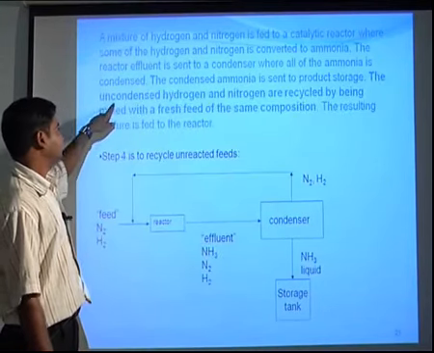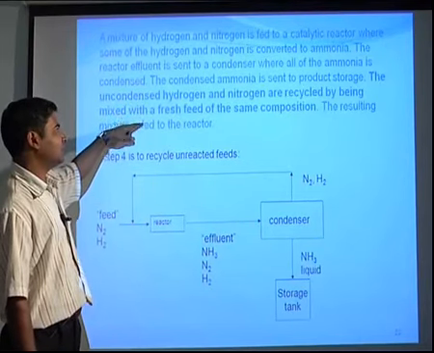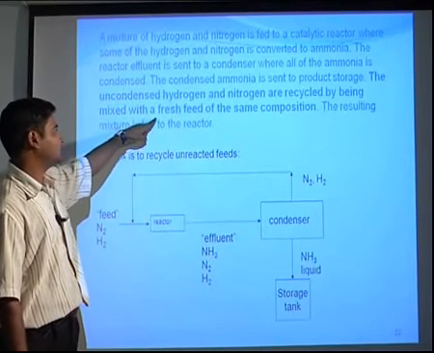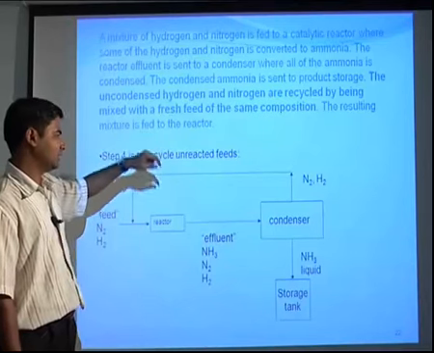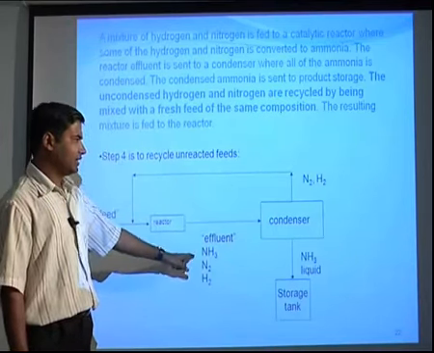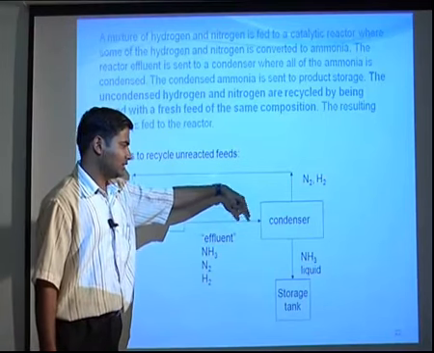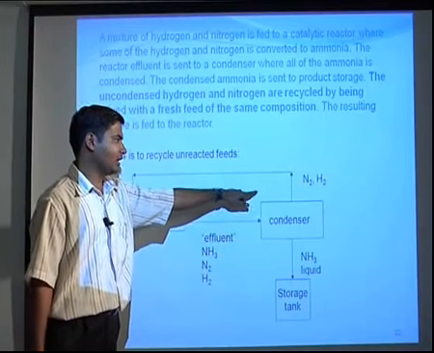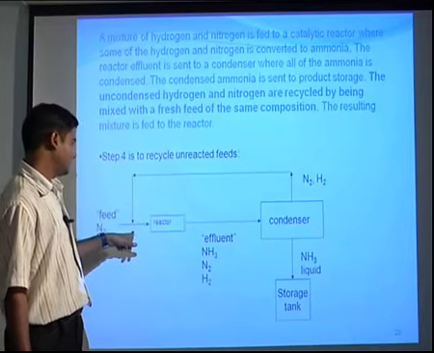The next thing is the uncondensed hydrogen and nitrogen are recycled back by being mixed with a fresh feed of the same composition. So what we have to do? The N2 and H2, which are unreacted, the condenser will allow NH3 to condense, and it will send N2 and H2 back to the feed.